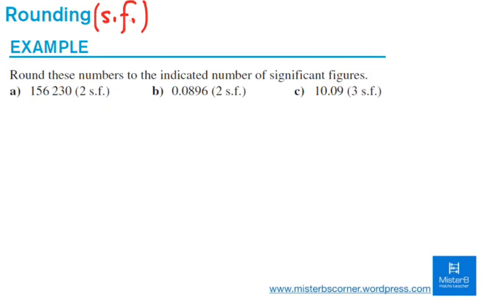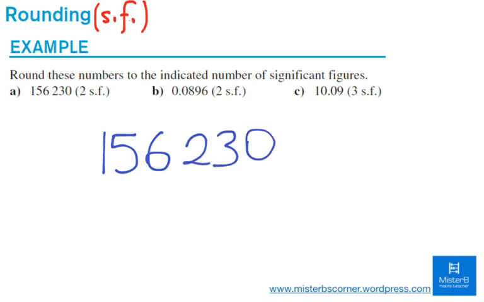Let's look at this example now. Round these numbers to the indicated number of significant figures. So the first one is 156,230, and it's asking for two significant figures. Now, the first and the second digits are here, so I have to cut from here.